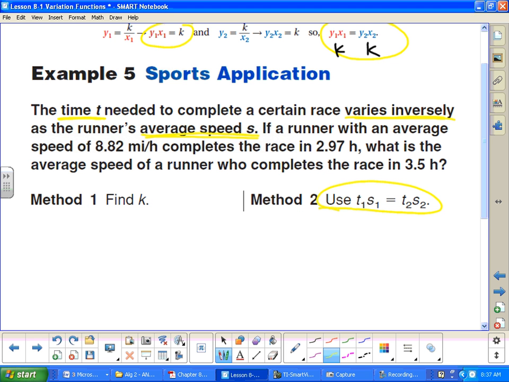It says if a runner's average speed is 8.82 miles per hour, they complete the race in 2.97 hours. So 8.82 times 2.97 equals, what is the average speed of the runner who completes the race in 3.5 hours? 3.5 times s for speed. Make sure your 5's and s's don't look alike.